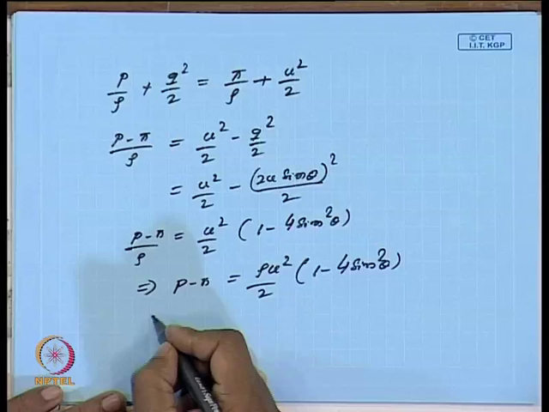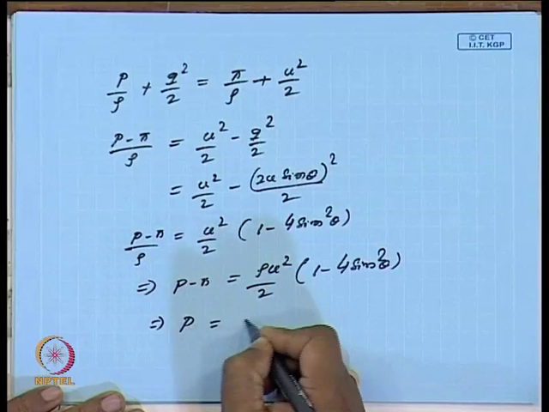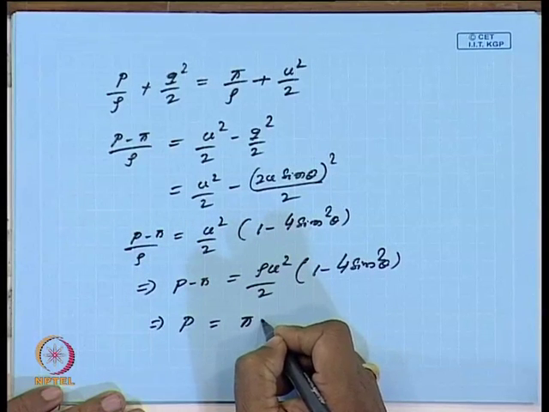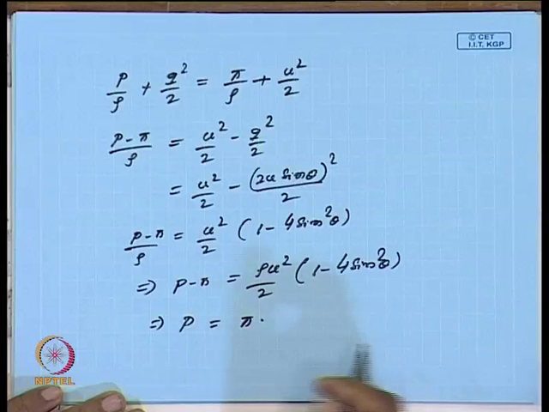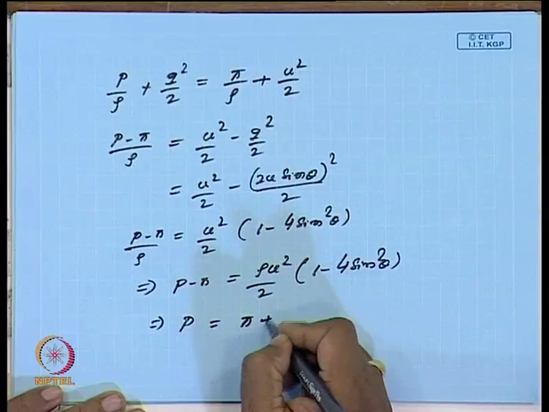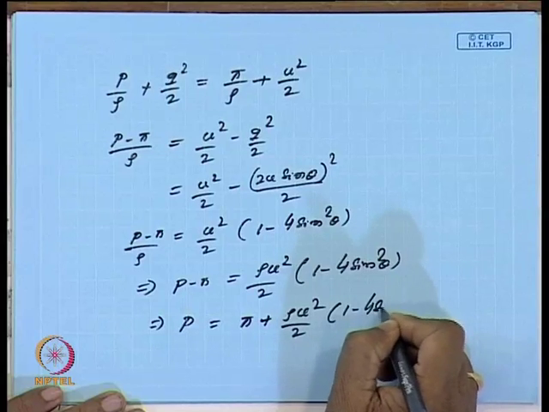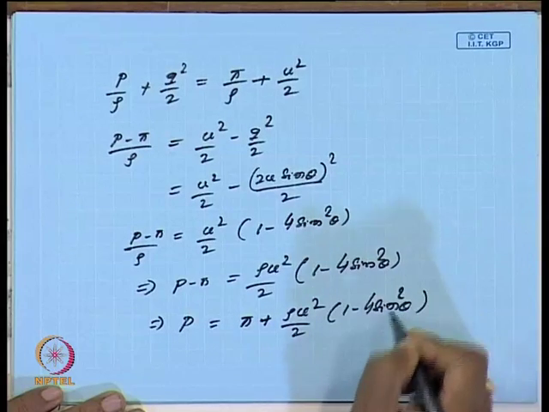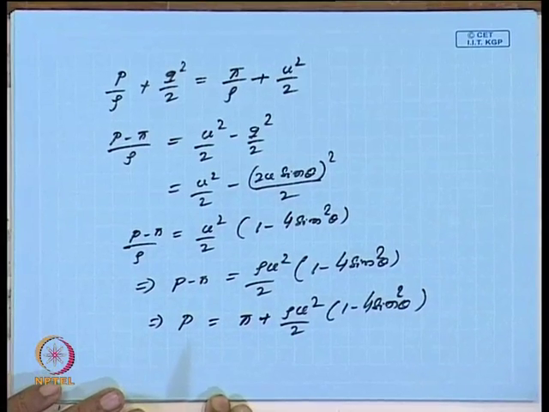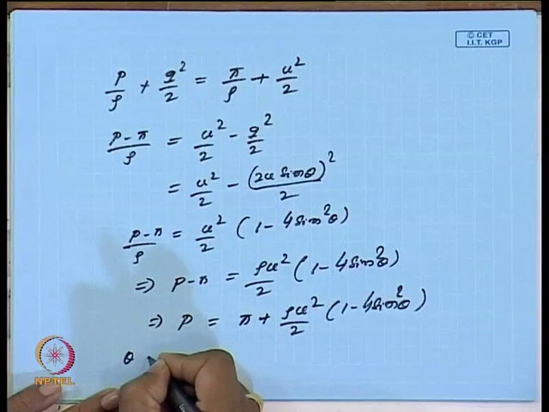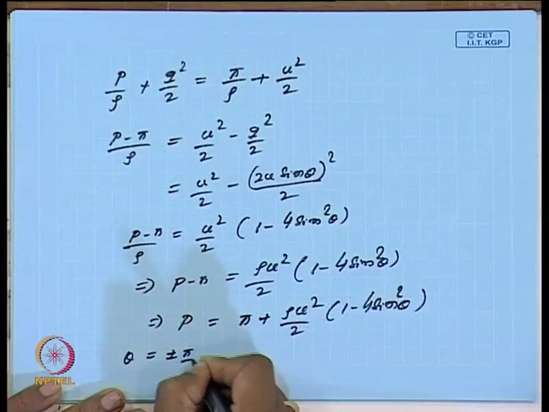So, my p is pi plus rho u square by 2 into 1 minus 4 sin square theta. Now, what will happen when theta is plus minus pi by 2?